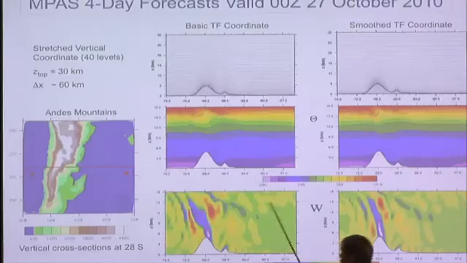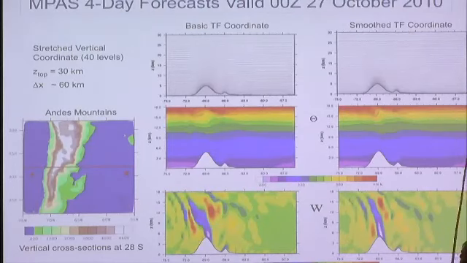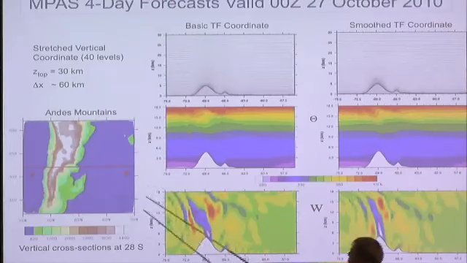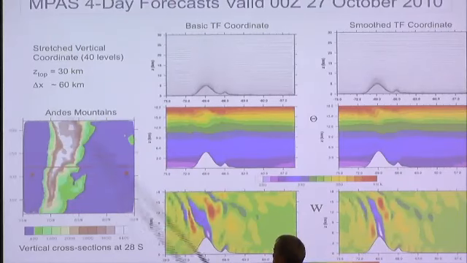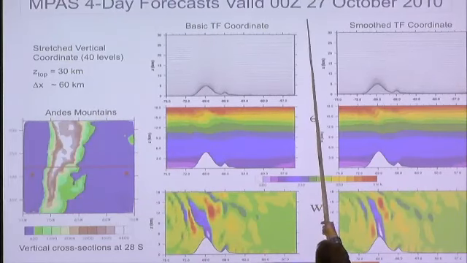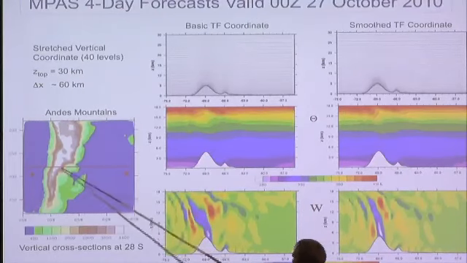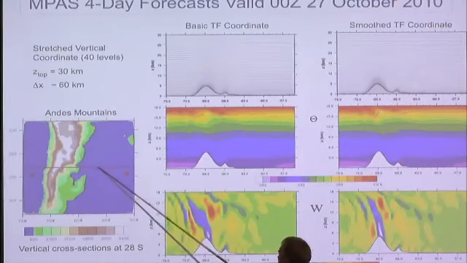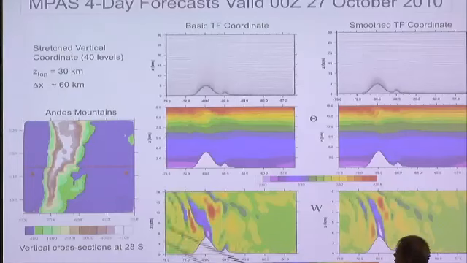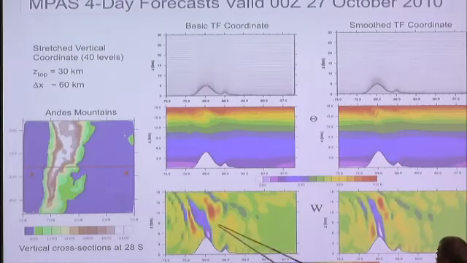I do have one simulation that I did on a full data, full physics, real data case. Here I haven't done any verification statistics to know what you really would like to have, but this is a 4-day forecast from October 2010, looking at a cross-section across the southern Andes where there was strong cross-mountain flow.